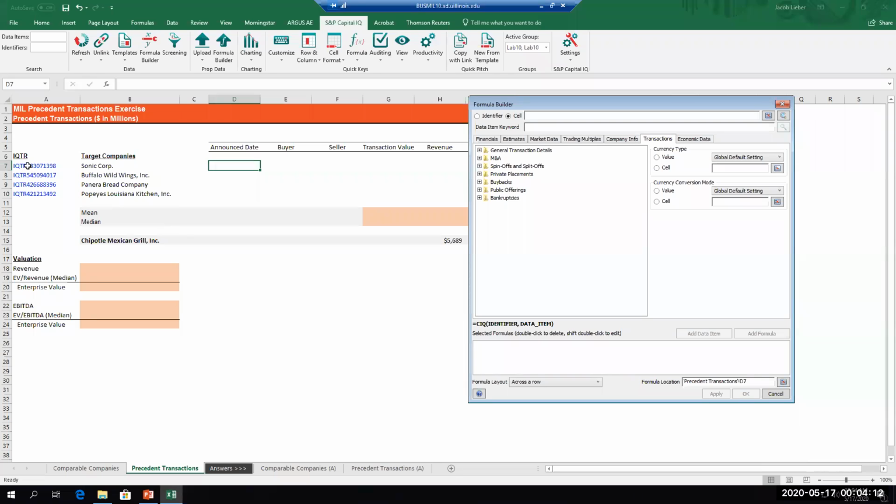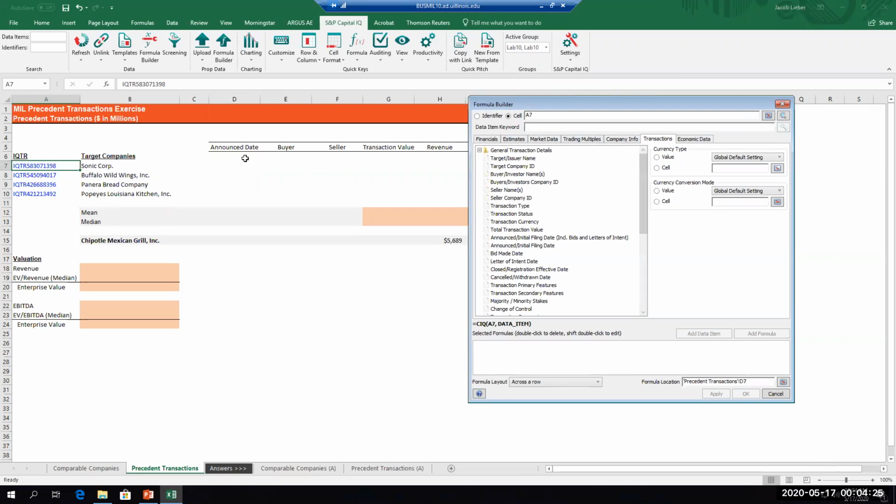We're going to be grabbing cell A7 for our identifier, and then under transactions, we're going to get general transaction details, and then we should see announcing / initial filing date. We're going to add formula here, and then we're also going to grab the buyer investor name, add formula, and then our seller name, add formula.